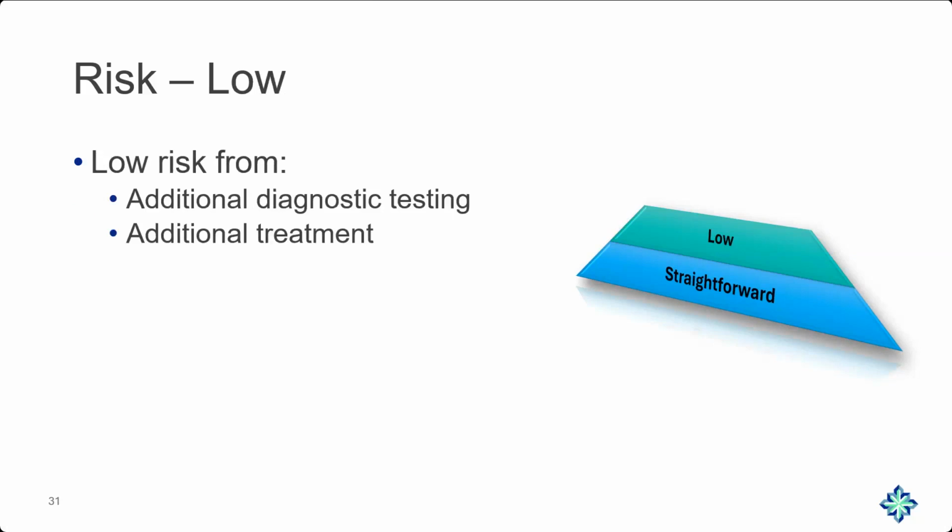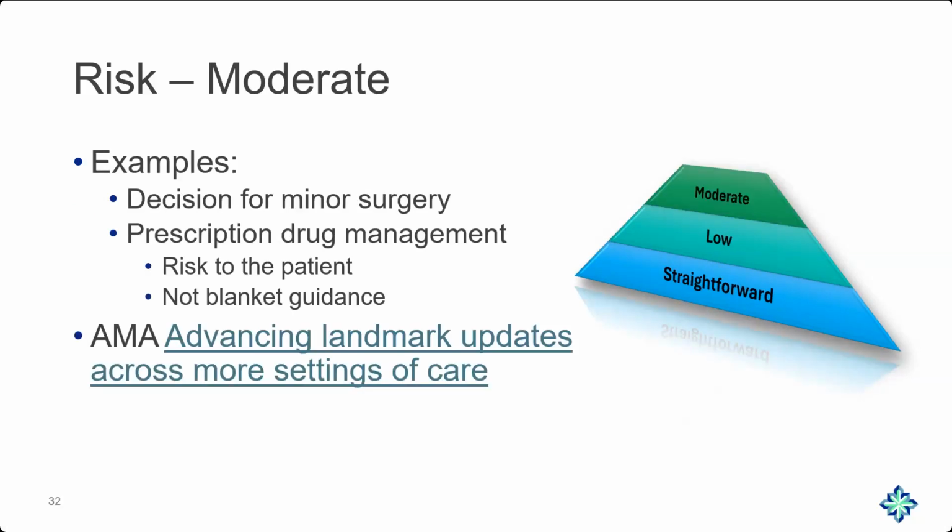Next, we have moderate risk. Now, some examples could include the decision for a minor surgery. Whether a surgery is considered major or minor, again, is specific for that patient and what they have going on. It's not just based on that global surgery period when we're looking at risk. What's the risk to this particular patient for the surgery?